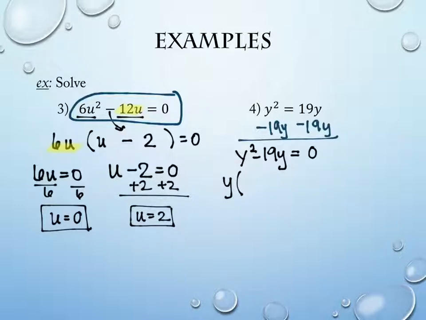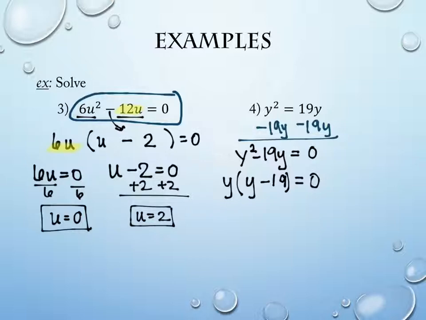What is y squared divided by y? Just y, right? Because y times y is y squared. What about negative 19y divided by y? Yeah, just the negative 19. Does that look good? Everybody good with that point?